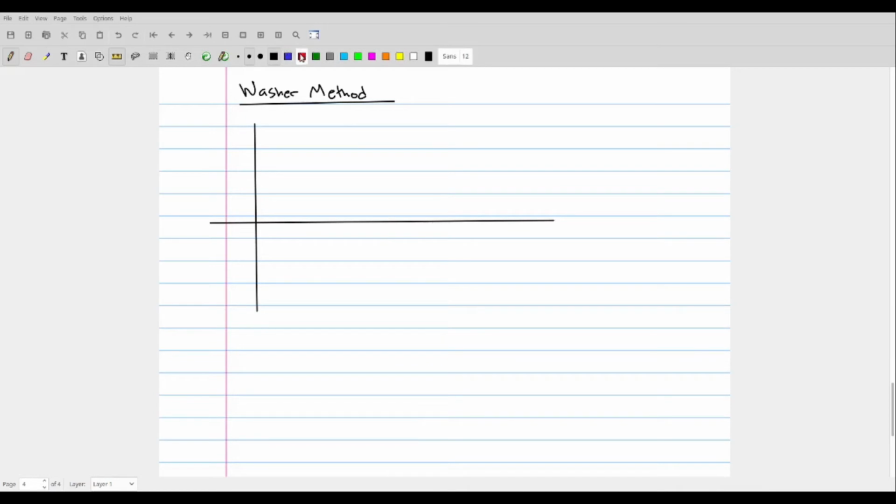I'll color them in red and in blue. So we'll see that the top function is this function right here, and the bottom function is this function right here. And we're still going from a to b.